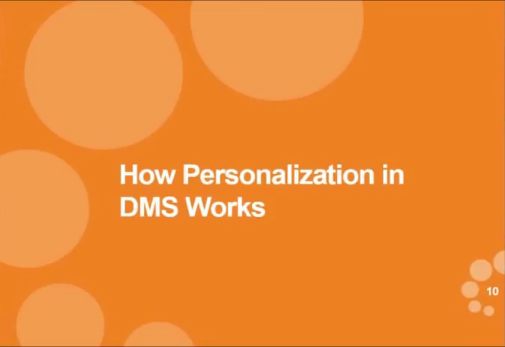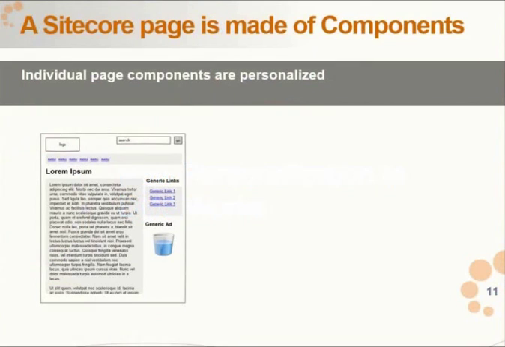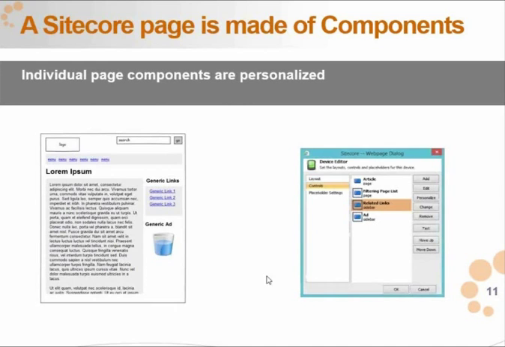So let's walk through how personalization in DMS works. A Sitecore page is made of some components. So it's not the whole page in one, but one page consists of some elements. For example, this is the presentation detail. In Sitecore, data and presentation are separate layers.